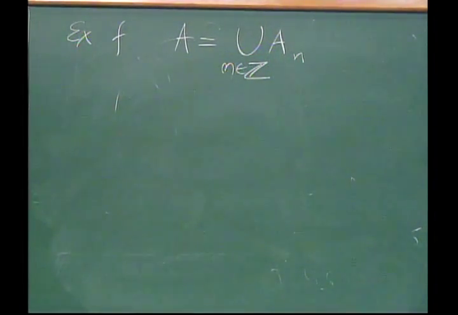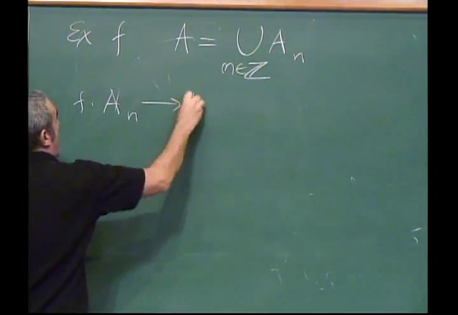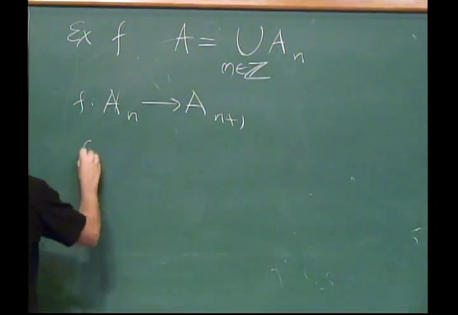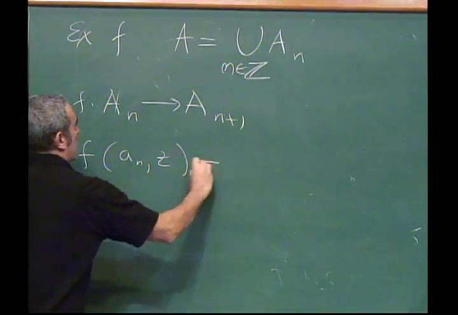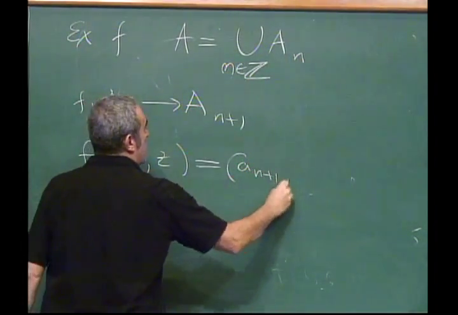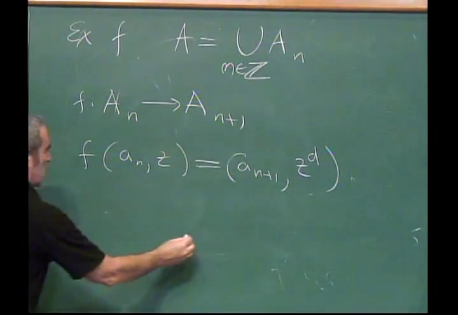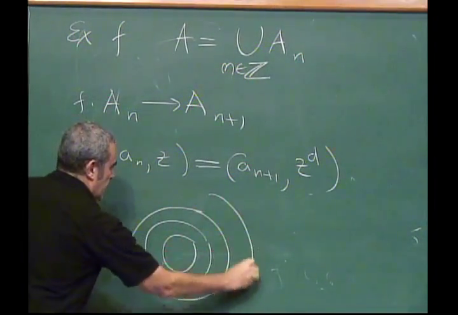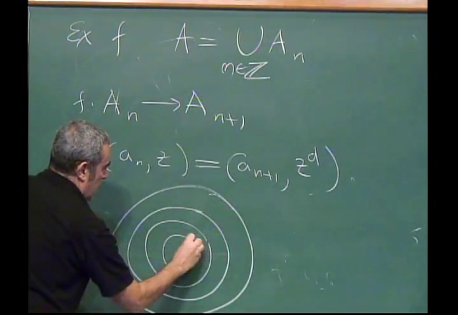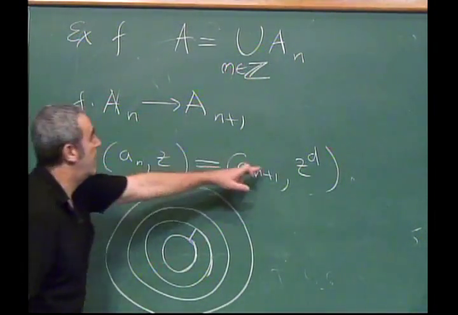F carries An to An plus 1, and if you take a point in the boundary of An, it acts as z to the D on each boundary. You have A0 here, A1, A2. This circle goes to this circle, and it is z to the power of D.